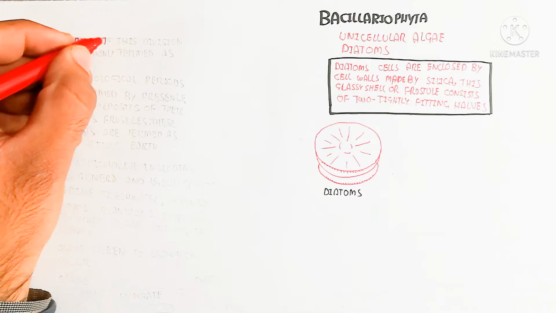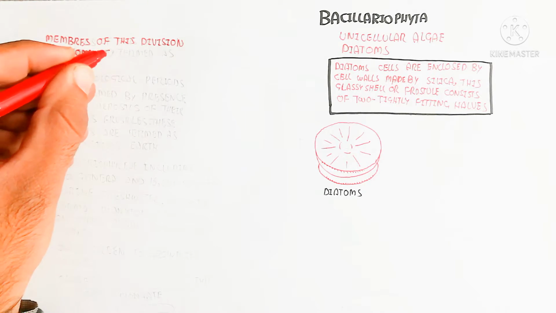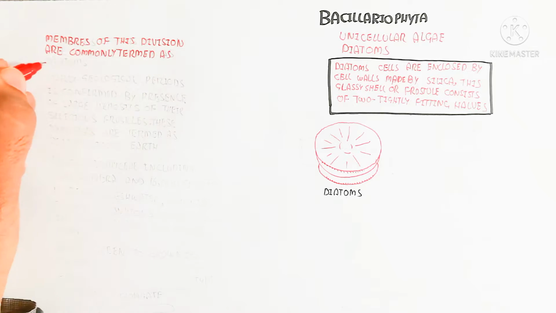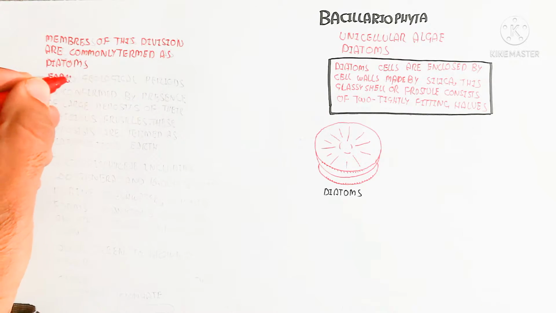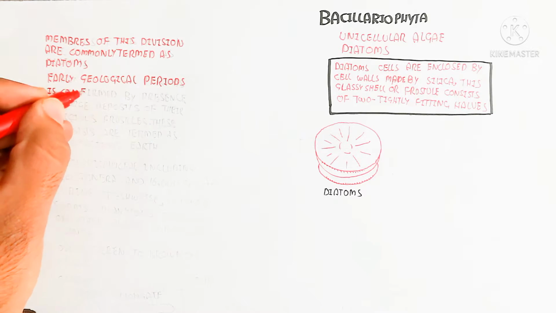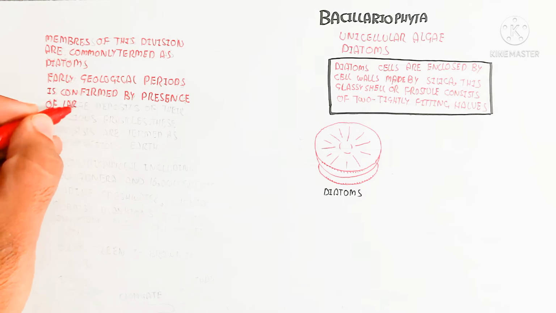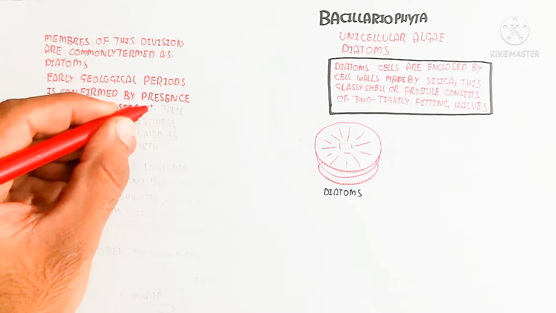The members of this division are commonly termed diatoms. An early geological period is confirmed by the presence of large deposits of their siliceous frustules. These deposits are termed diatomaceous earth.